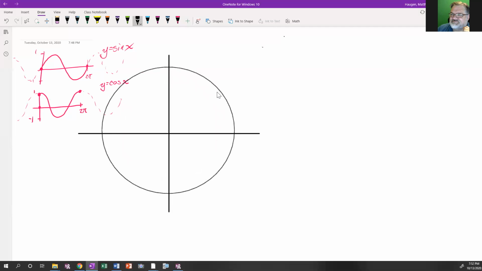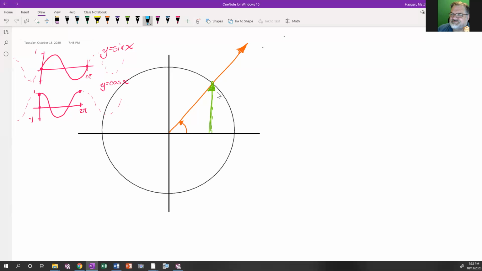Okay. So when we think about an angle coming out here, or a ray coming out here, making our angle in standard position, we quite rightly conceptualize our sine value as the length of this edge, or if you prefer, the vertical displacement up from the axis.